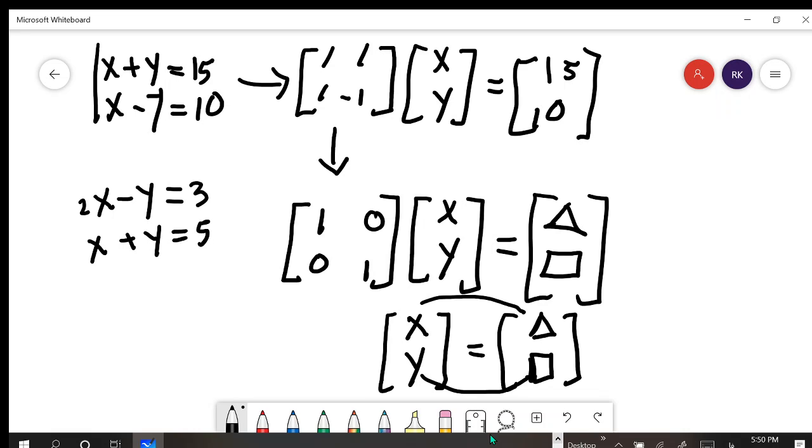Here, adding doesn't cut it because if I add them, I can't get rid of y. So I have to multiply this equation by 2 and then add it to this one, right? And that's the idea of multiplying an equation by something and adding it to the other one.